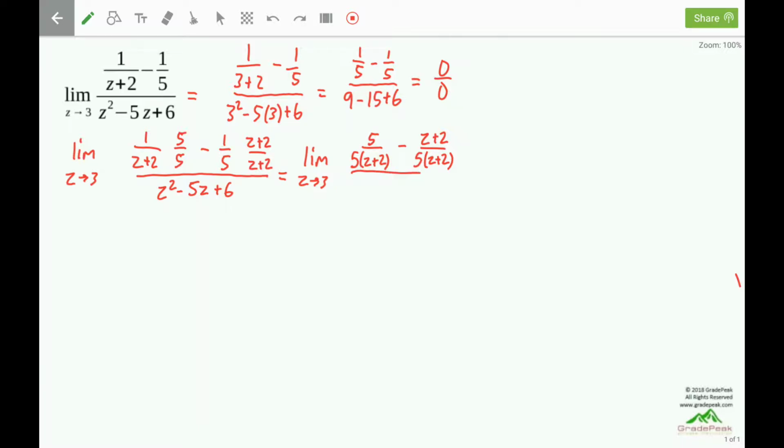They now have a common denominator, which will now allow us to combine the two together. So we will do that by combining them over that common denominator.